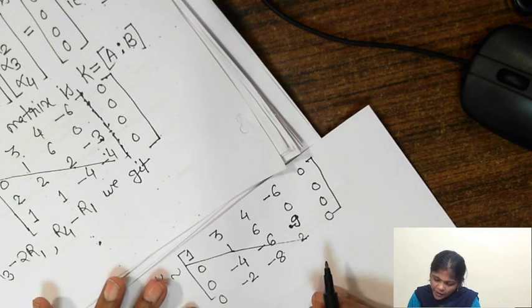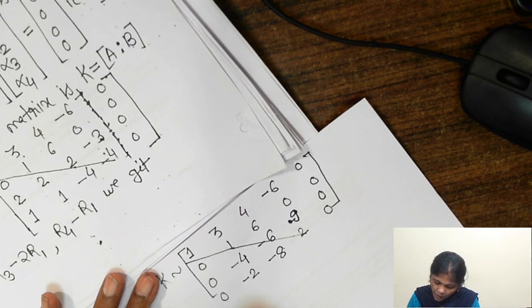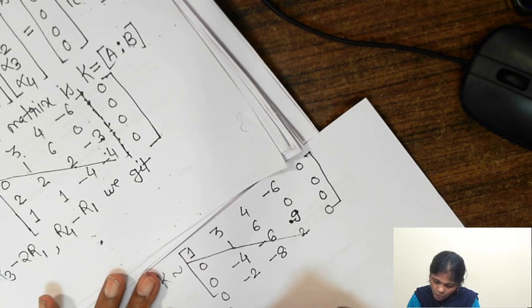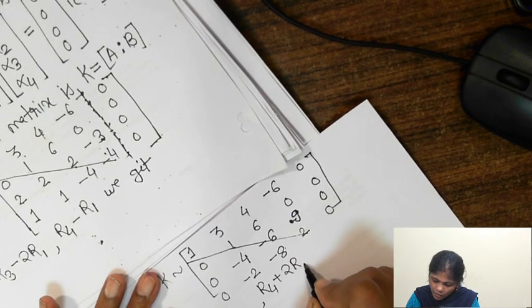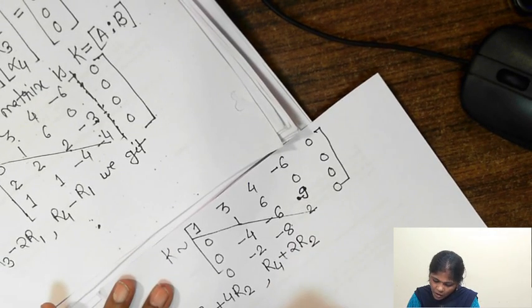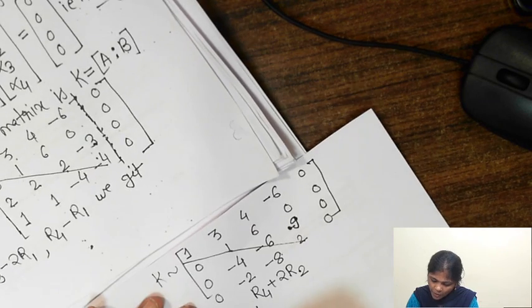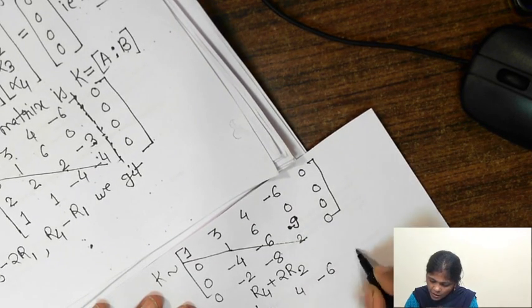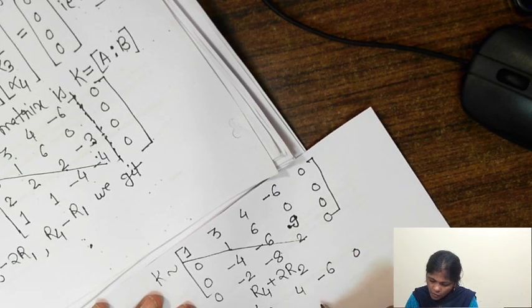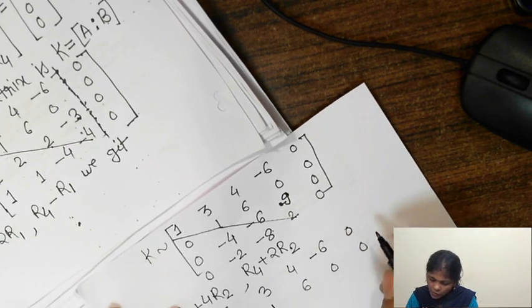Let us again identify diagonal elements and apply the set of operations. So we have R3 plus 4R2, and then R4 plus 2R2. So what do we get after applying the set of operations again? It is 1 3 4 minus 6 0, 0 1 6 0 0.